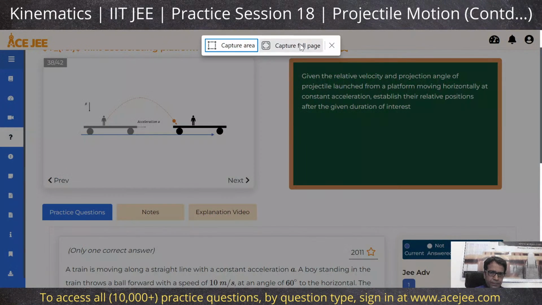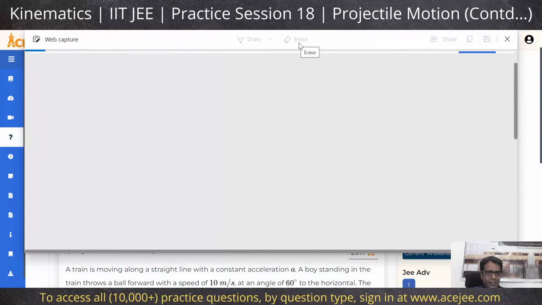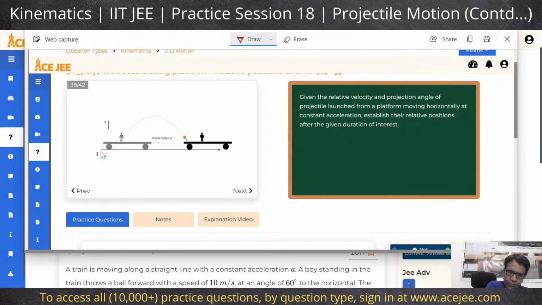Well, let's say that the train's velocity at time t equals 0, when he releases the ball, is u0. And we have been given v relative. So now we can figure out the x component. Let's say this relative angle was theta. Then with respect to the ground, the horizontal component would be v relative cos theta plus u0.